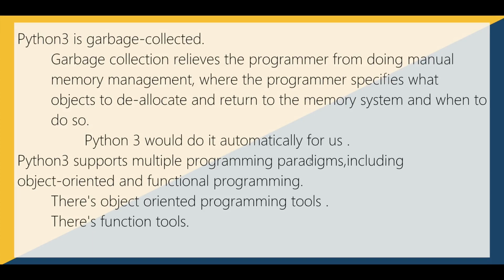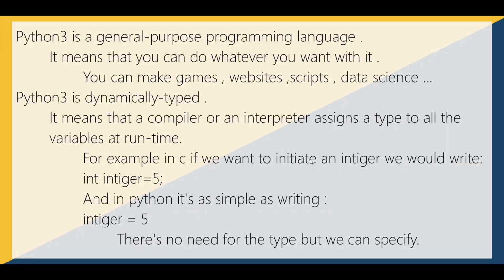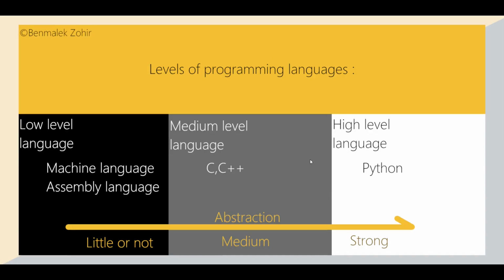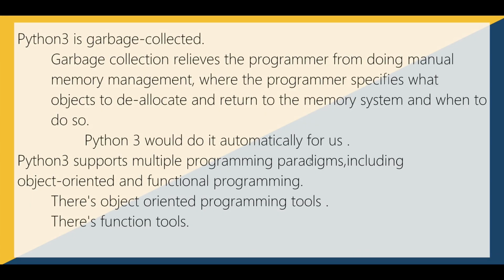So Python 3 is garbage collected. Garbage collection relieves the programmer from doing manual memory management. Those things are usually used in low level languages, okay? In high level languages, those things are provided for us automatically. So we don't need to care about the memory or the resources of the system.